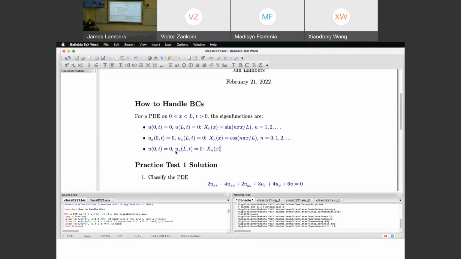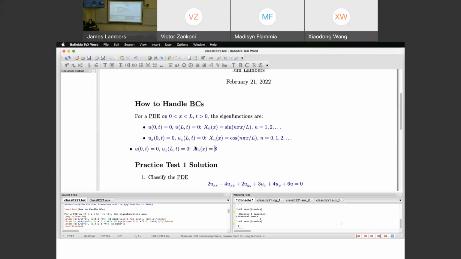But the fact that you want the derivative to be 0 at the other end is going to affect which kind of sine. So sine of n pi x over L will not work because it won't satisfy the condition at the right.